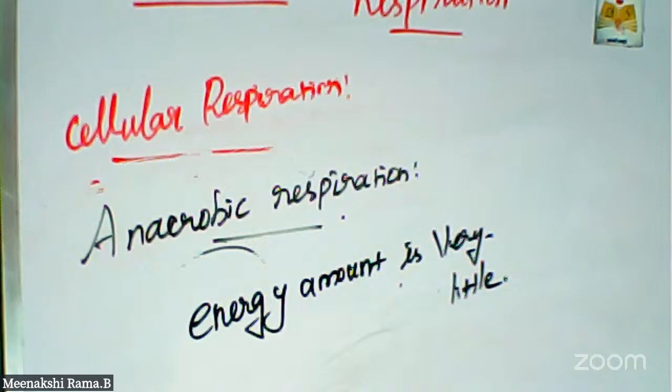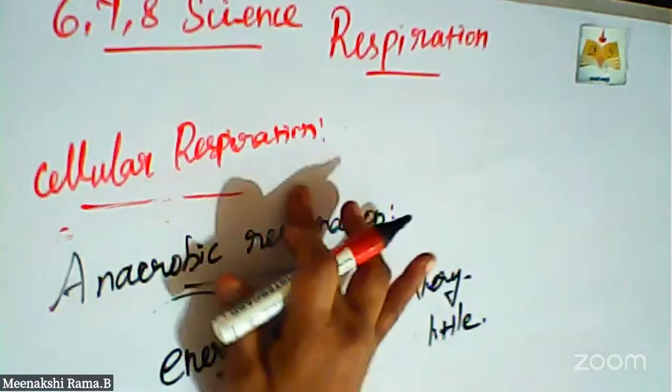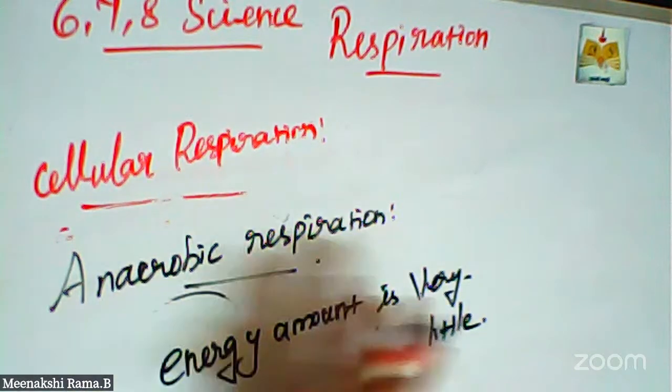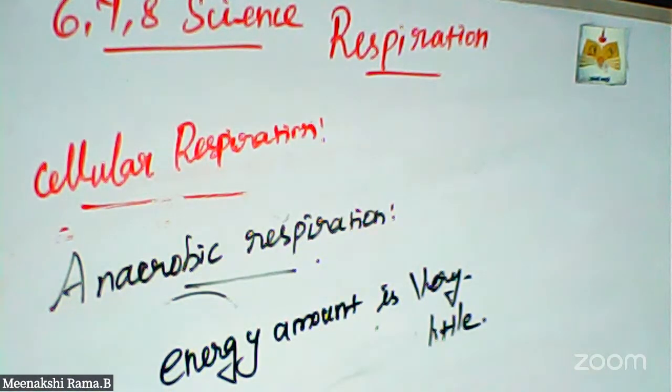So, what is cellular respiration? In cellular respiration, the organism breaks down glucose to release energy for the cell to use. That is the concept of cellular respiration. It is classified into two types: aerobic and anaerobic.